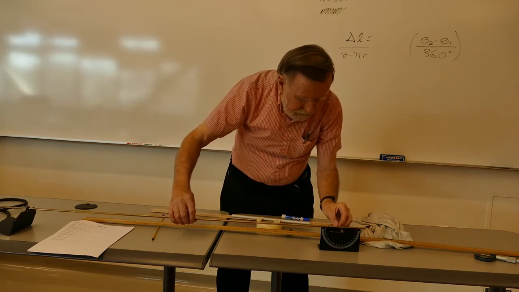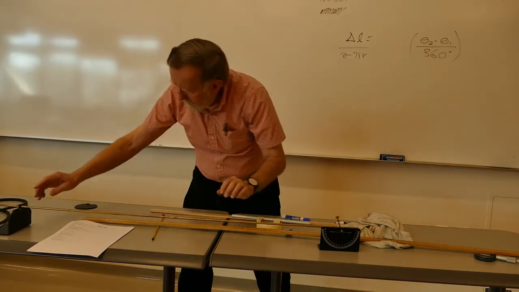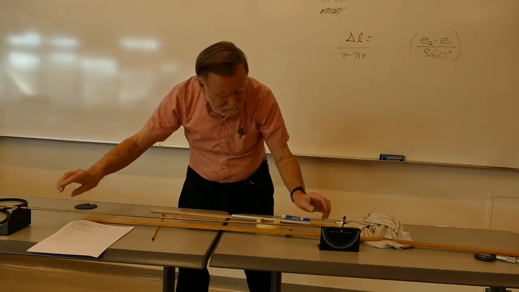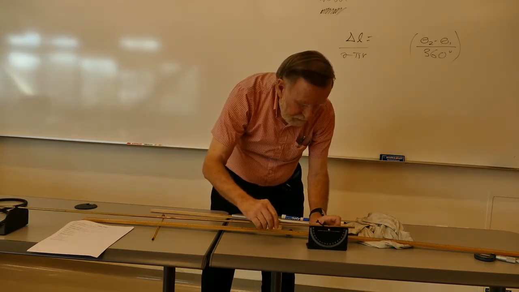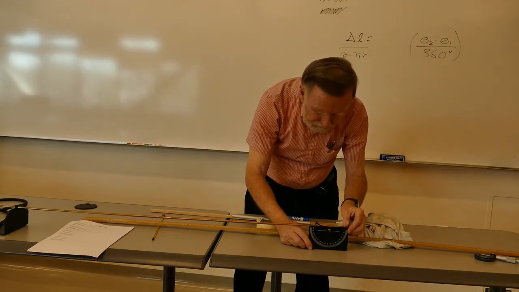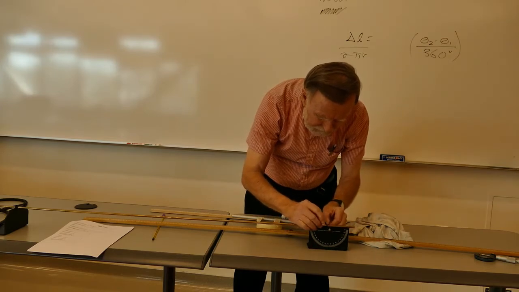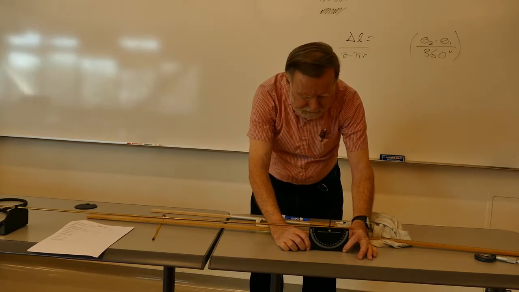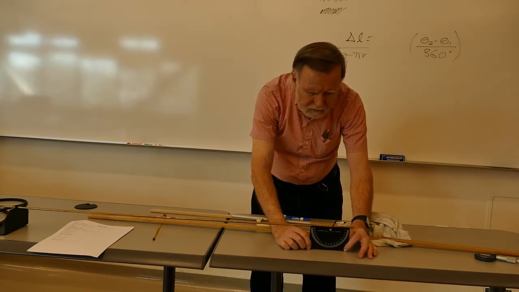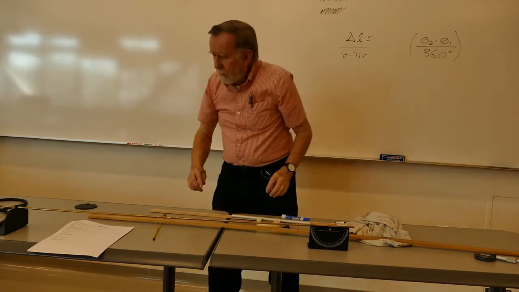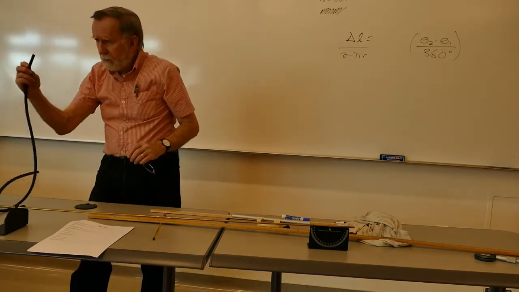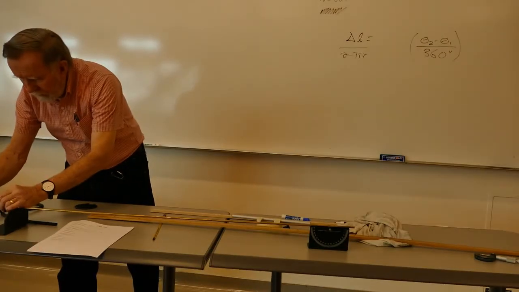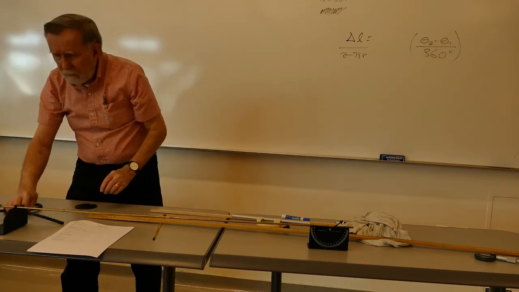So now I'm going to lay the brass rod on the pointer, exactly where we measured it to. Now notice that it's very sensitive to motion. So what we're going to do, I'm going to take this rubber tubing, put it on one end. We're going to run steam through it.